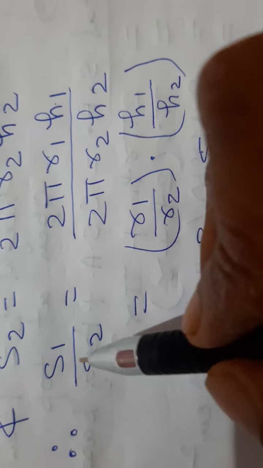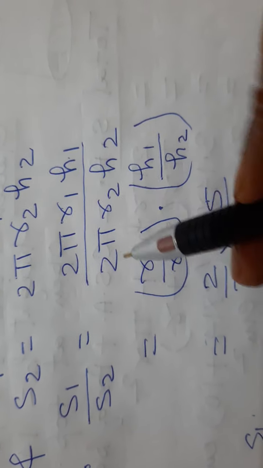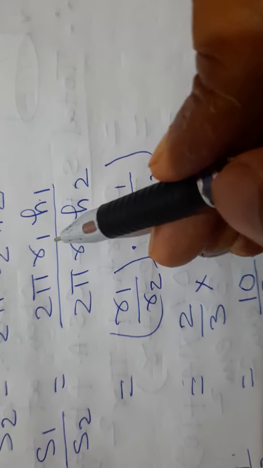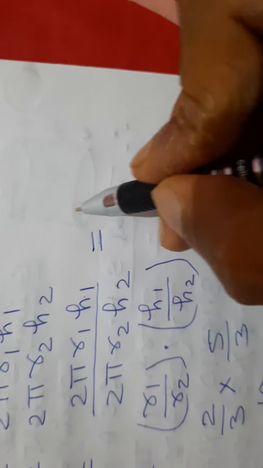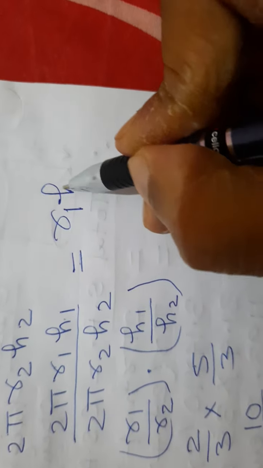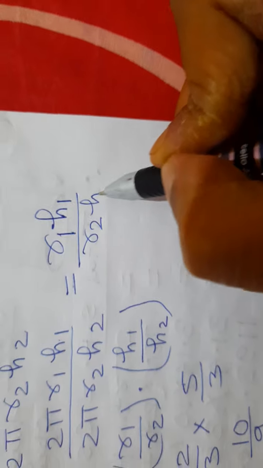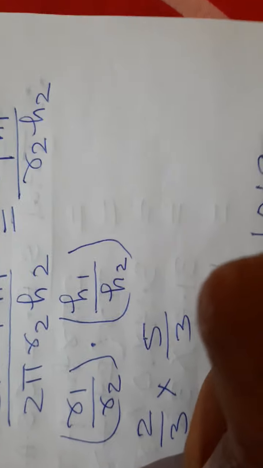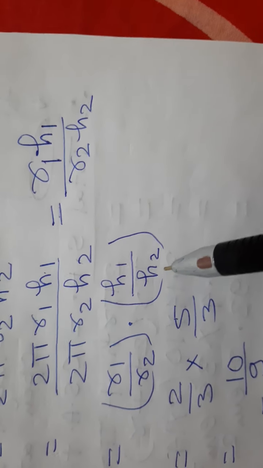Hence, S1 by S2 is equal to 2 pi R1 H1 by 2 pi R2 H2. 2 pi cancelled. So R1 H1 by R2 H2, and it is written as R1 by R2 into H1 by H2.